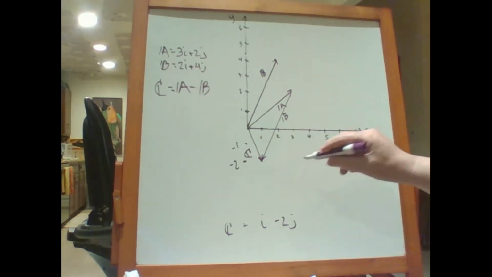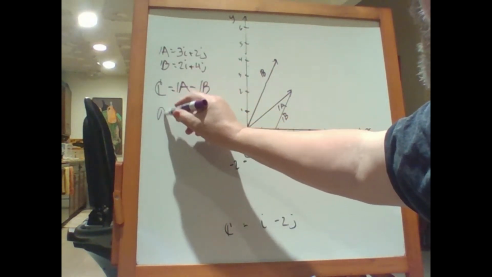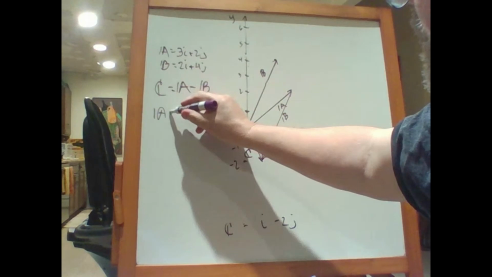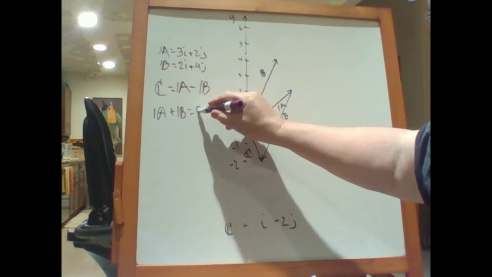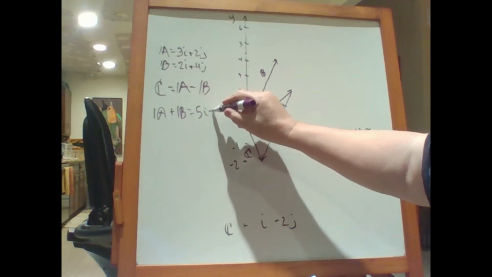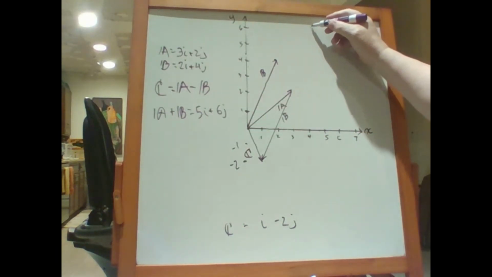And you can see the results are totally different from A plus B, which is 5I plus 6J, which was way up here.